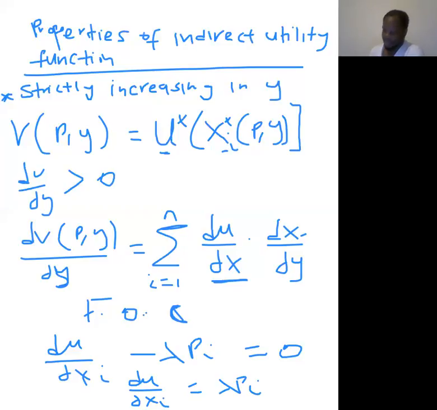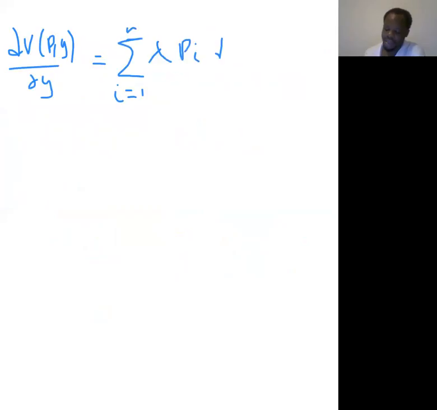Then dV/dy is equal to the summation of i equals 1 up to n of lambda pi dxi/dy.